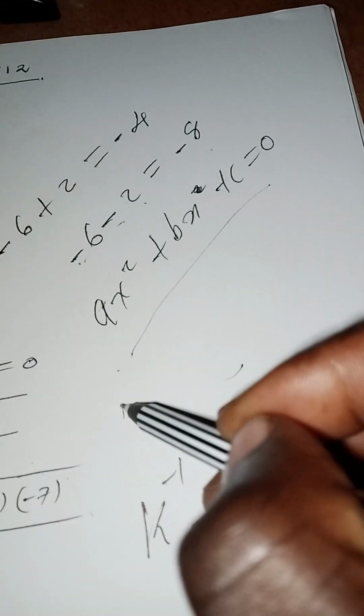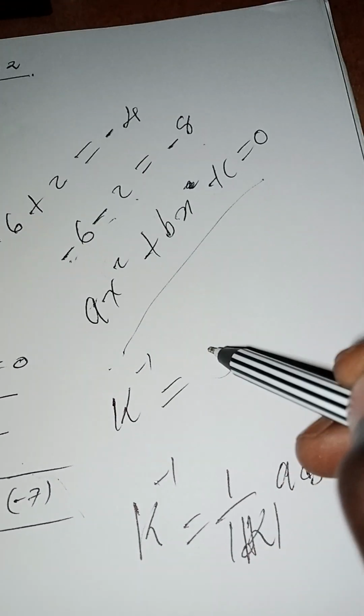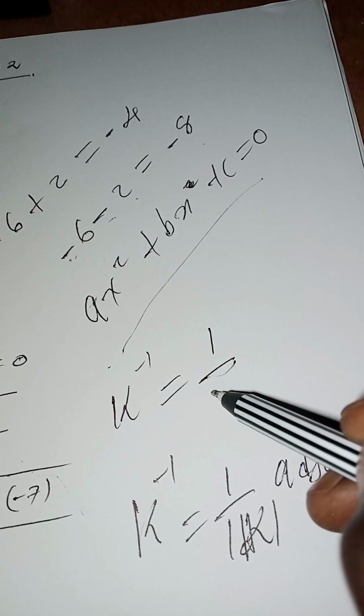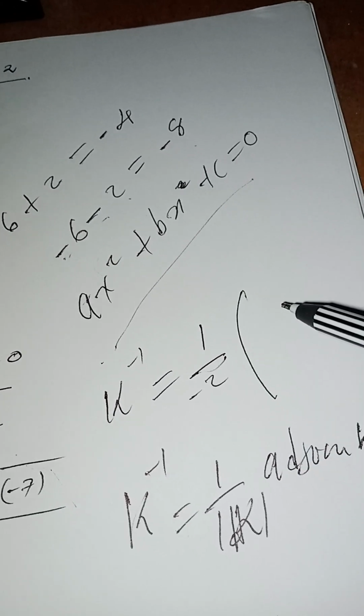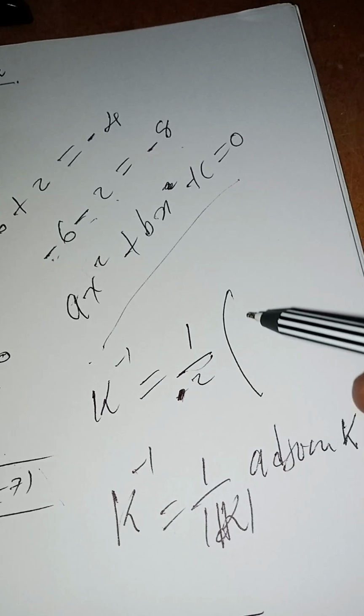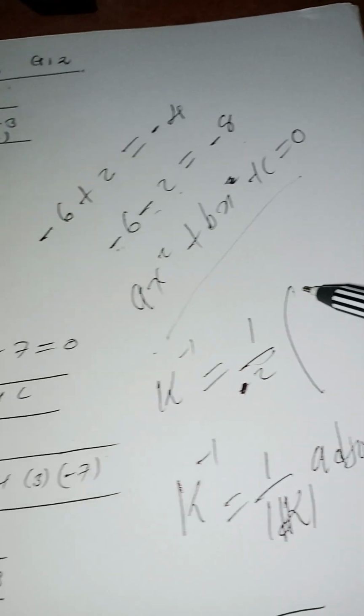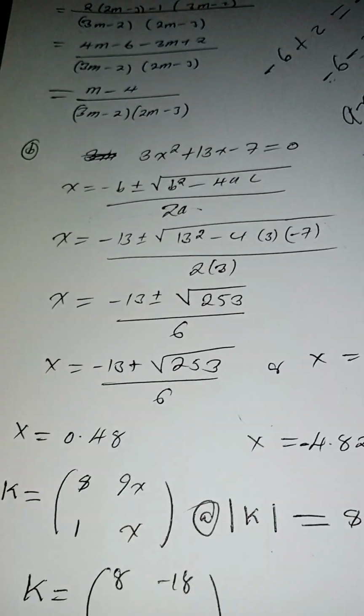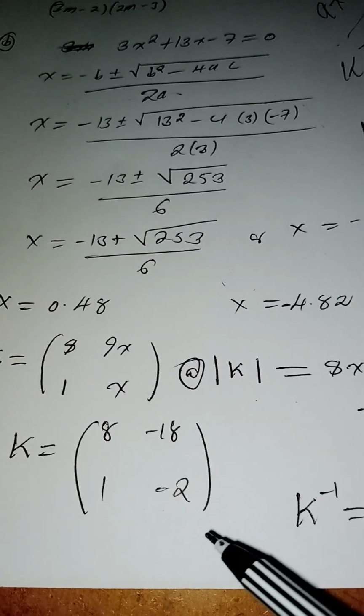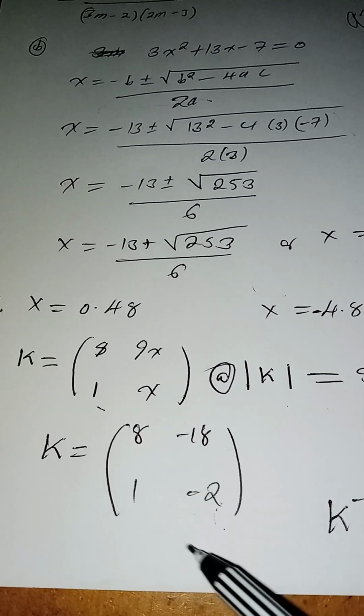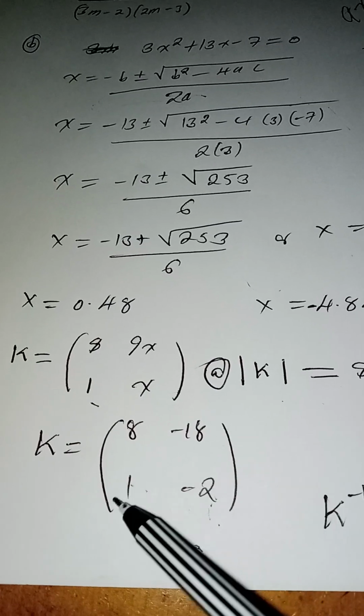So now K inverse will be equal to 1 over the determinant, which is 2, oh sorry, it is just 2. Then what will now be our adjoint? The adjoint will swap these, and then these guys will change their signs.